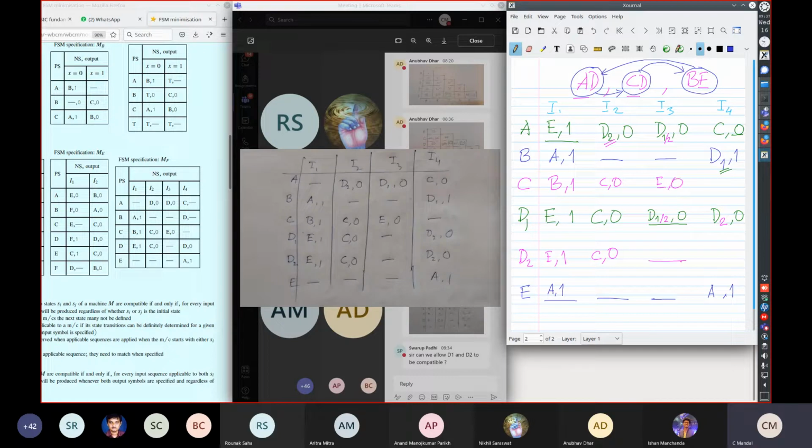These are don't care, so I would like to have a trivial dependency. So I would rather send it to E with an output of 0. And this is going to, well, I want to merge A and D1. Oh, wait. So here we will have a choice again.